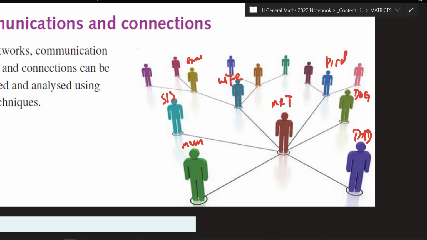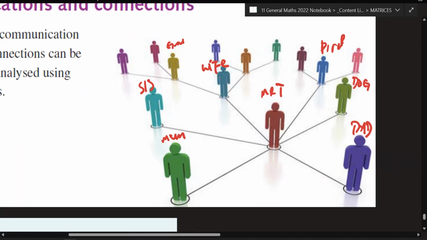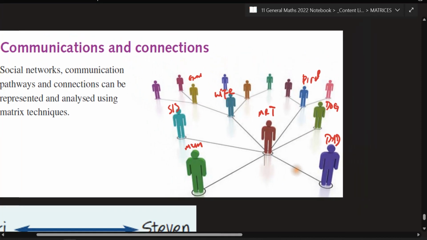So in this one, if I wanted to contact my grandma, I'd have to go through my wife, who will contact my grandma for me. That's an example of how you could read that. If my wife wanted to contact the dog, she'd have to go through me, and then I can contact the dog. Silly example, I know, but that's how these connections work with networks.